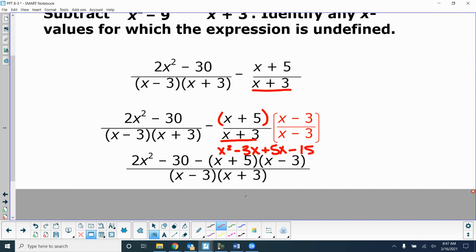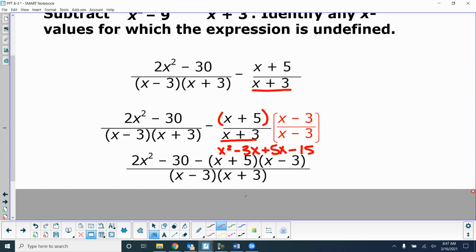So you're subtracting each one of those. The negative 3x plus 5x is 2x, right? So this minus sign makes x squared negative. It makes the positive 2x negative, and it makes the negative 15 what?